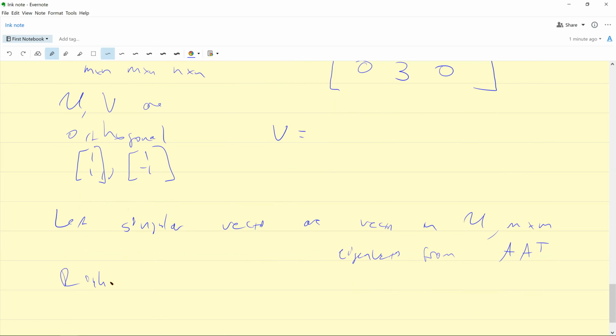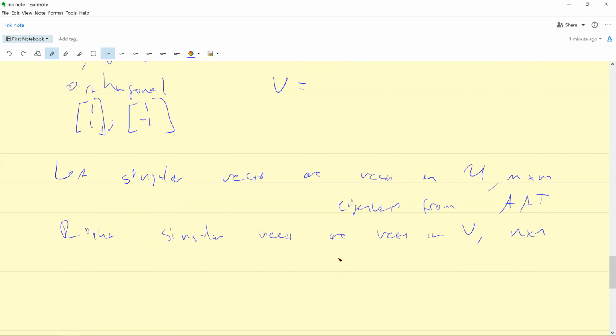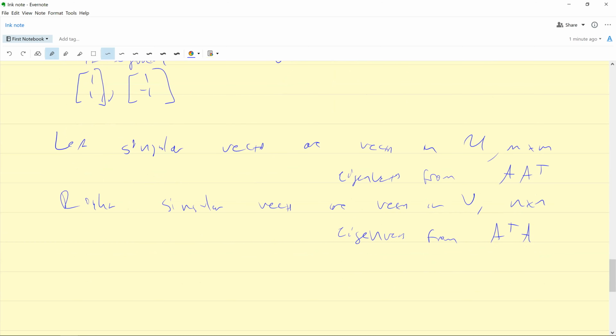Our right singular vectors are vectors in V, which is n by n. So this means these are eigenvectors from A transpose A. If we're looking instead at the SVD of A transpose, it is n by n, so now the left and right singular vectors are switched.